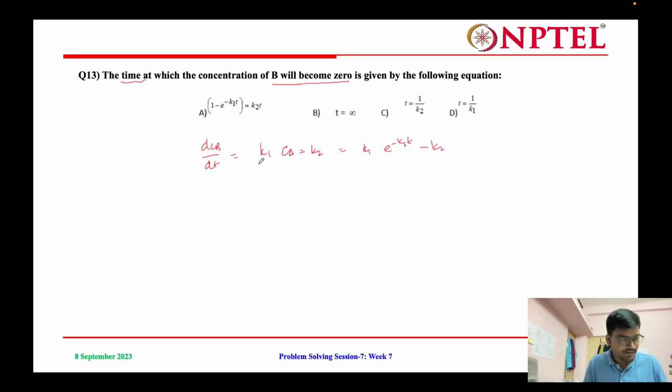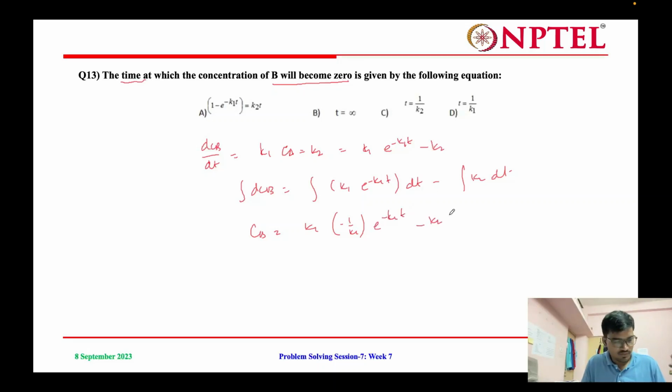Now integrate. CB equals the integral of K1 e raised to the minus K1 t dt minus K2 dt. So CB equals minus e raised to the minus K1 t minus K2 t plus a constant.